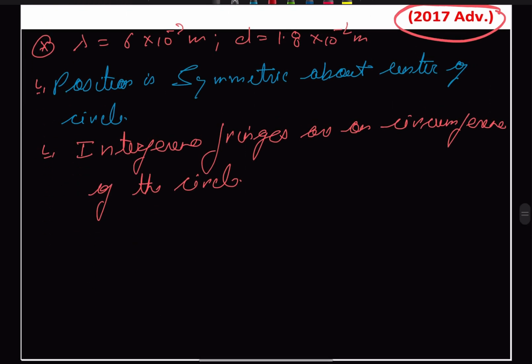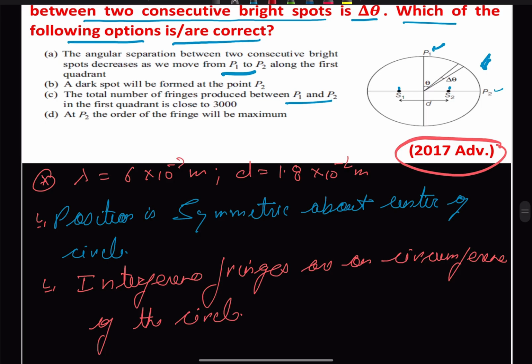Okay. And we are given 2 points, P1 and P2, and from the figure itself it is clear that they are in the first quadrant and the angle theta is going to vary from 0 to 90 degrees. So this is the position of P1 and P2.